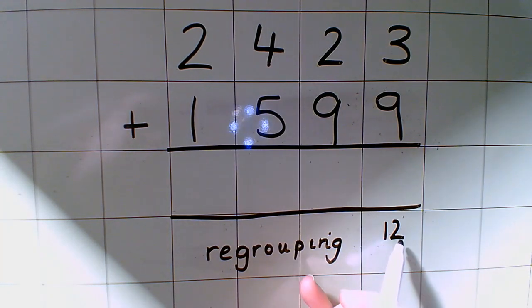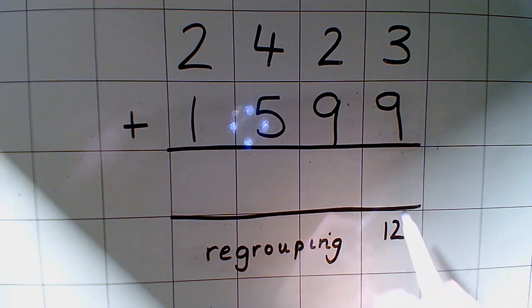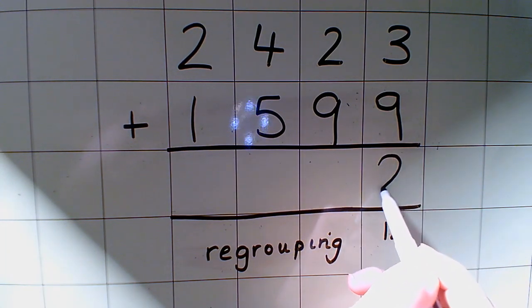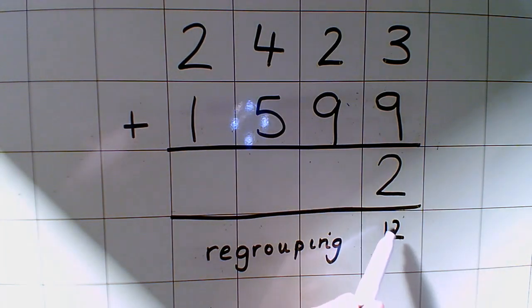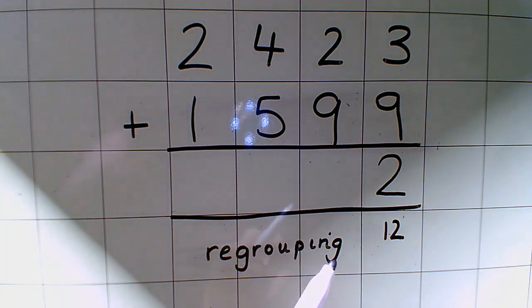So the 2 is on the right and the 1 is on the left, and that's exactly how you write it. So the 2 is going to go in the ones column, and this digit is what we're going to regroup. We're regrouping it because we're taking our 10 ones and regrouping it into 1 ten.